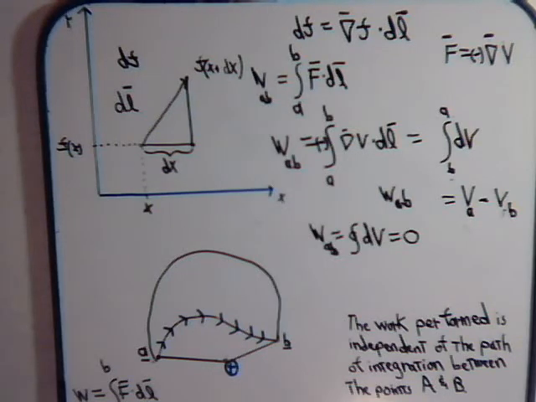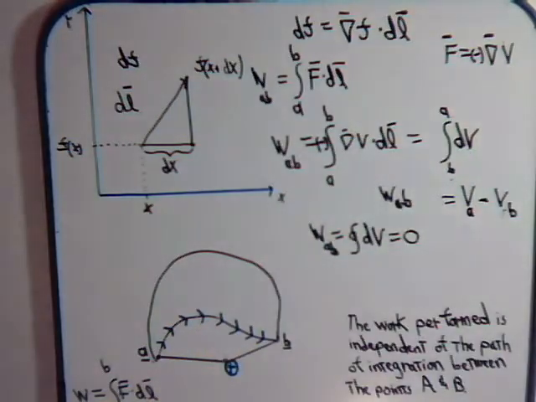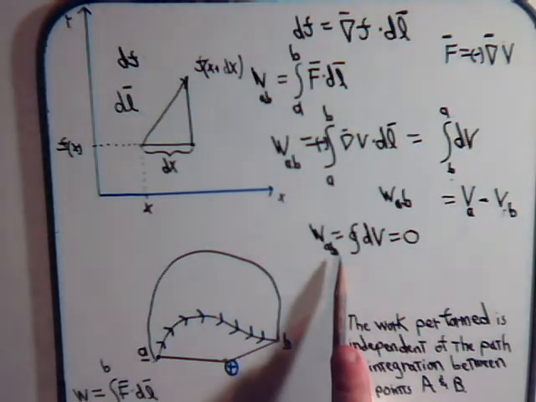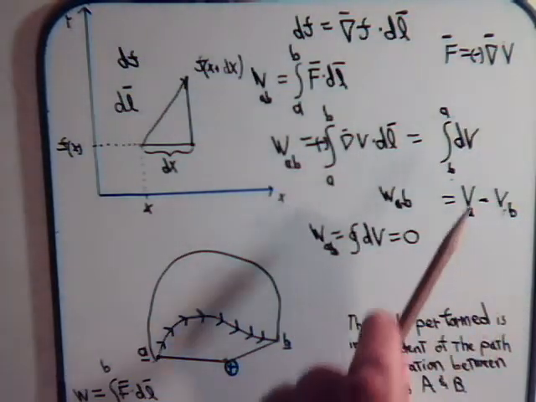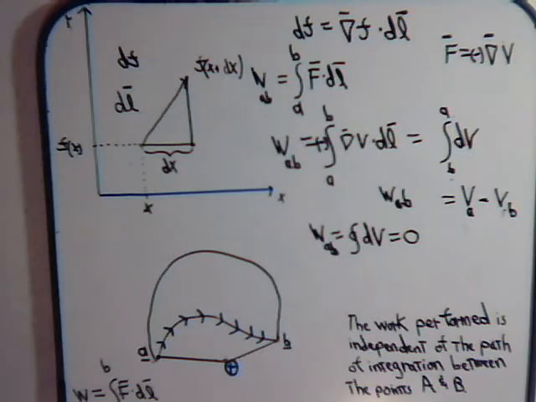So the point here is this, that if the force that's doing the work is in fact equal to the gradient of some scalar quantity, or more technically the negative gradient of some scalar quantity, that will be a conservative acting force. That's point number one. And we can see that, yes indeed, it depends only on the endpoints, but there's a more important point here.